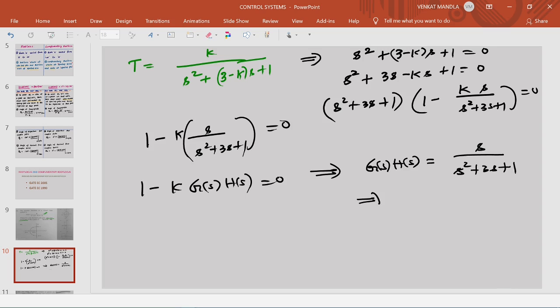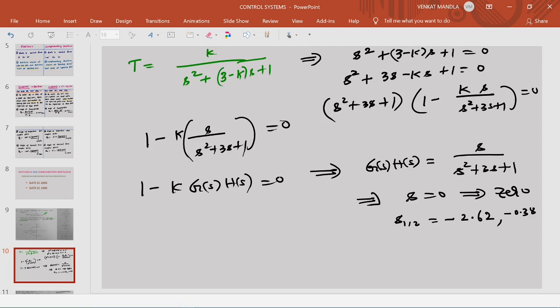From this, s equal to 0 is a zero of the open loop system, and two poles are there, two open loop poles. To calculate the poles, you will get minus 2.62 and minus 0.38.